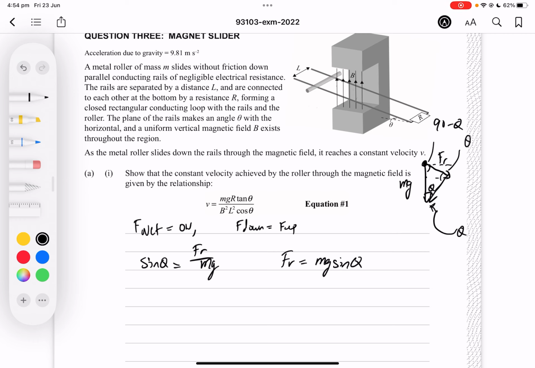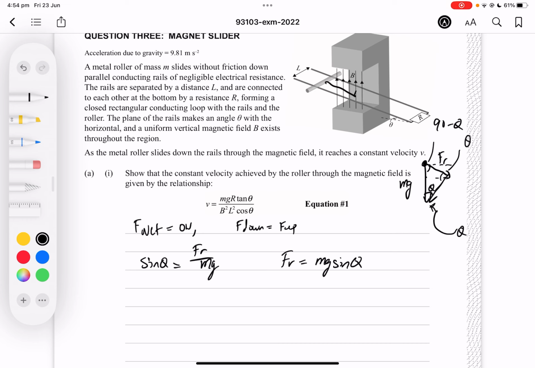In terms of the force opposing this, we want to find the component of the velocity that cuts the magnetic field perpendicular. So we want to find the perpendicular component of the velocity that is cutting the magnetic field. So in this case, we know that the bar here is going to have some component V down the ramp.